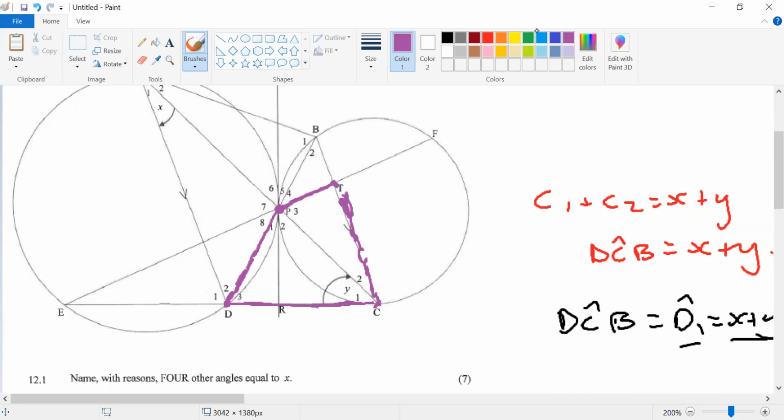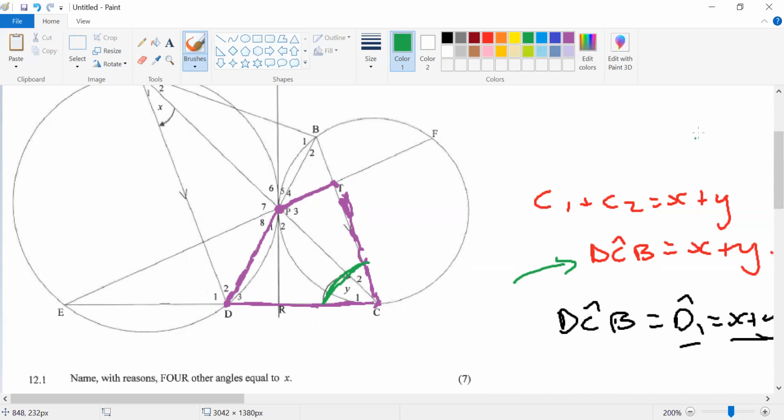One thing we know is that this whole angle right here is x plus y, because we've already mentioned it right there. So this is probably my starting point. And what I need to try and do is see if I can solve anything else within this question.